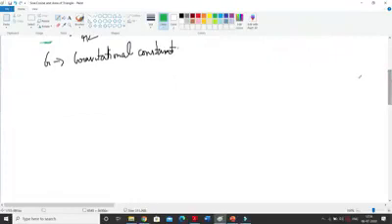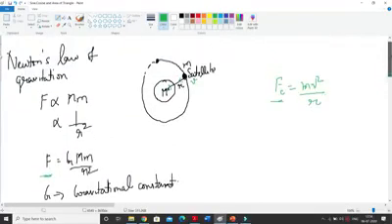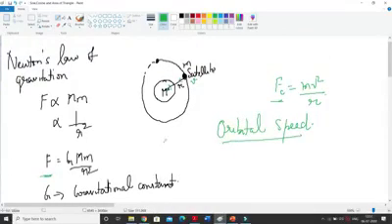So to find out the orbital speed, what we will do is we will equate both of them, as the gravitational force between them is acting as a centripetal force for the satellite to move in a circular path. So this gravitational force Fg is the same as Fc, meaning gravitational force is equal to centripetal force.